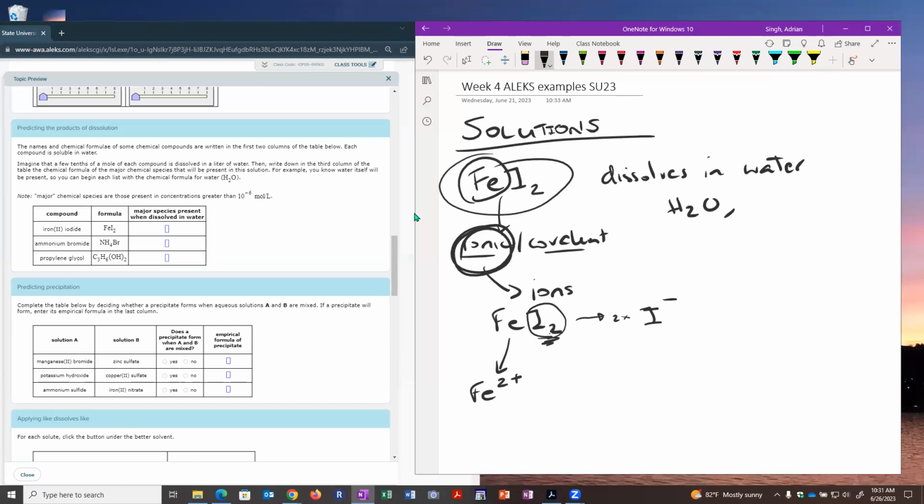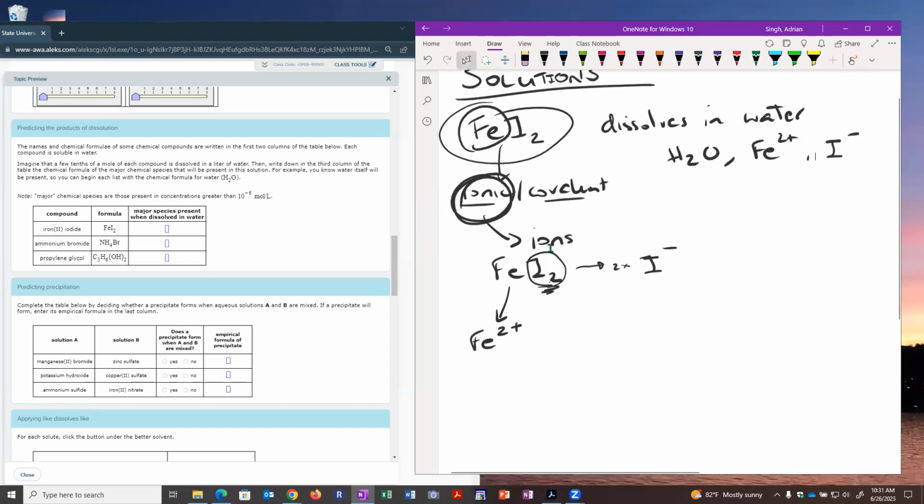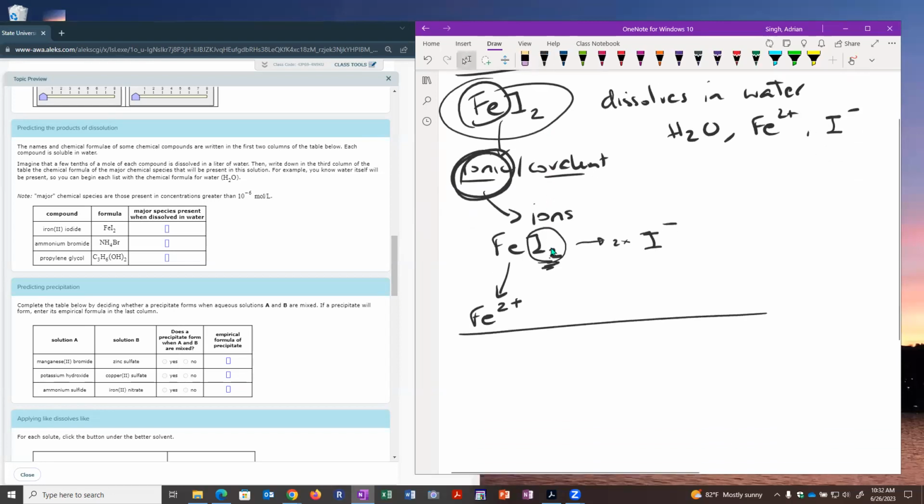So the other things present then, this FeI2 will break apart into Fe2+, and then we're also going to get I minus in that solution. And that's different than if we have a covalent compound, so something like the third one, propylene glycol. So we have C3H6(OH)2. Okay, is this ionic or covalent?